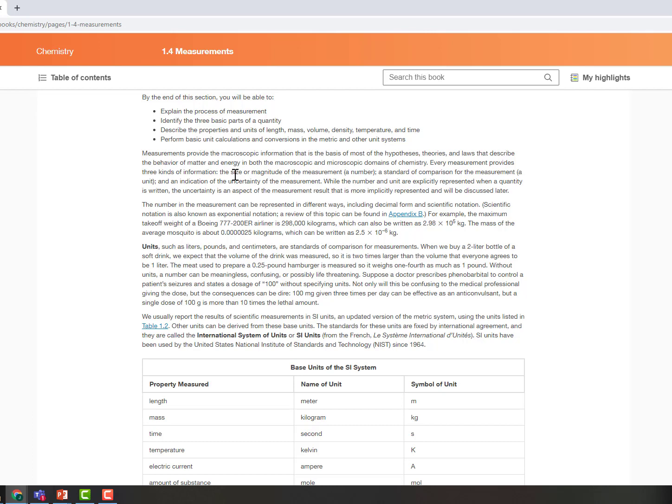Is it 25? Is it 32? Whatever that number is, it's only one part of it. If you only have a number, you don't actually have the complete answer. And then this is saying a standard of comparison for the measurement. Basically, that's the unit. A large part of what we'll be looking at today is what those units are, and it's always important to include them.